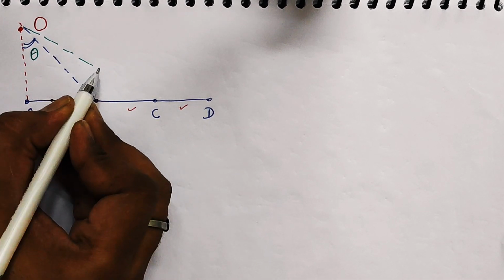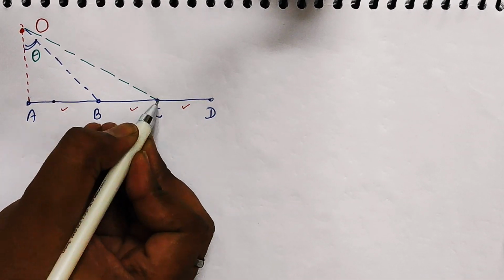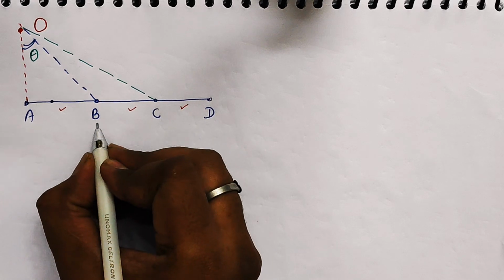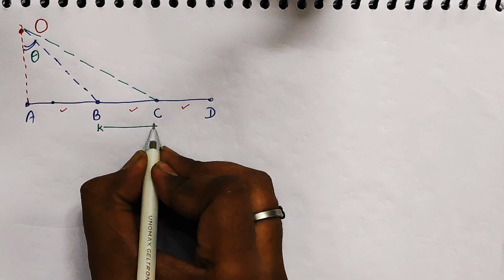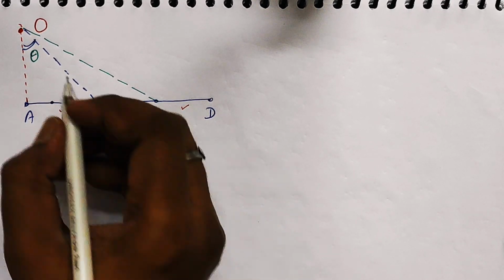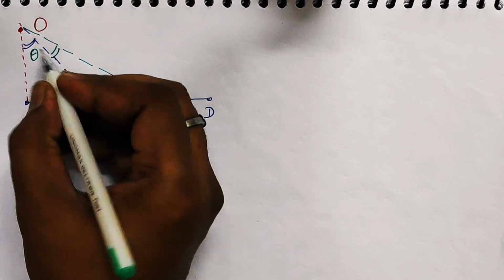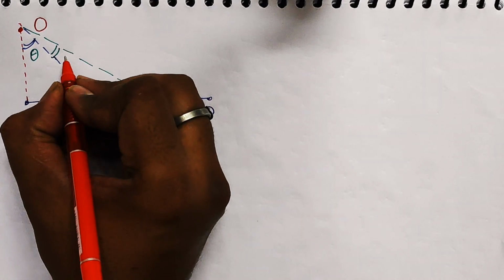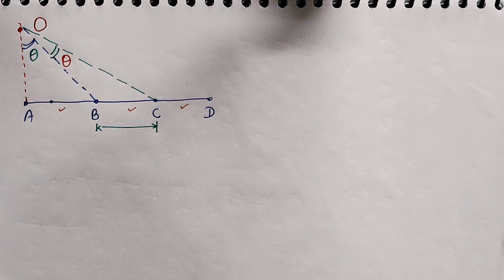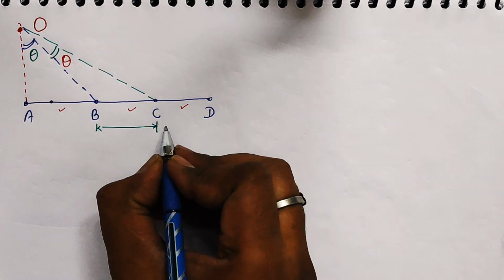So this line segment BC is also subtending an angle theta at O. And similarly, this line segment CD.